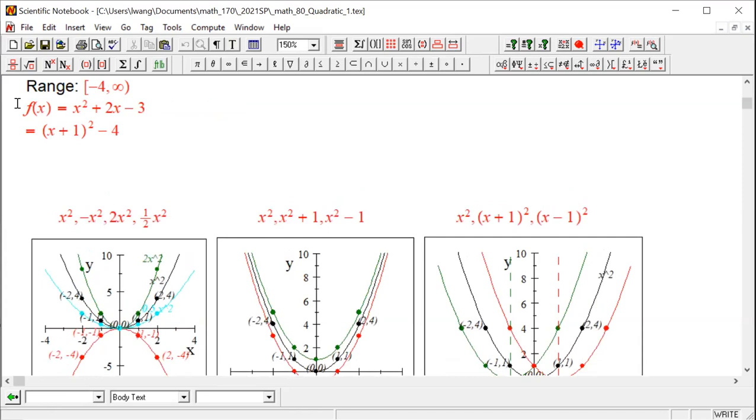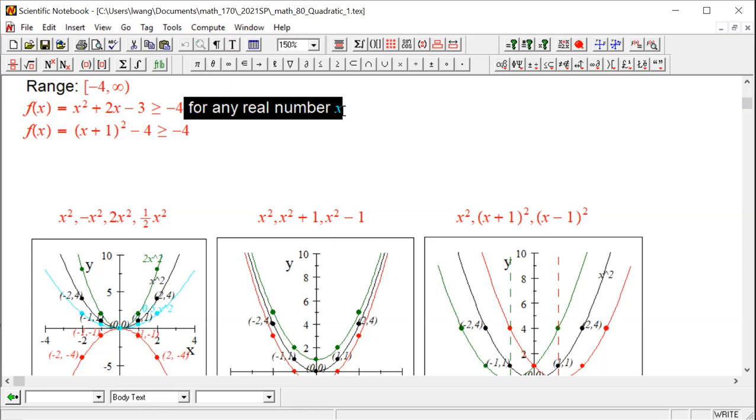This function takes different forms, but these two are the same function, and it's always going to be greater than or equal to -4. That's the meaning of the range, and this is for any real number x. That's true for either form.